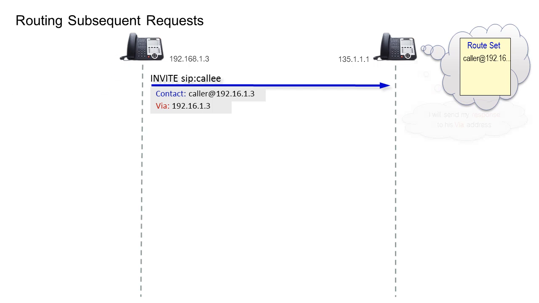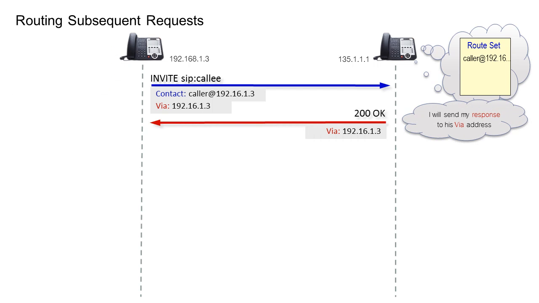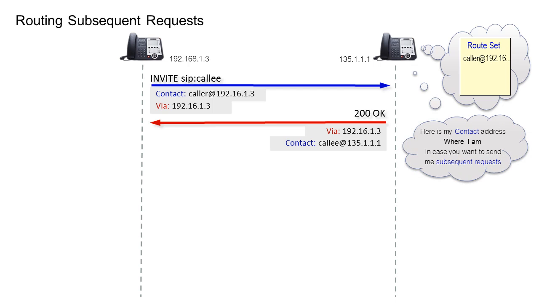Accordingly, the user agent server obliges and routes his response back to the address in the via header. But before sending, it also adds a contact address of its own, telling the upstream client this time, "This is where I am. This is the address to which you should send any subsequent requests back to me."